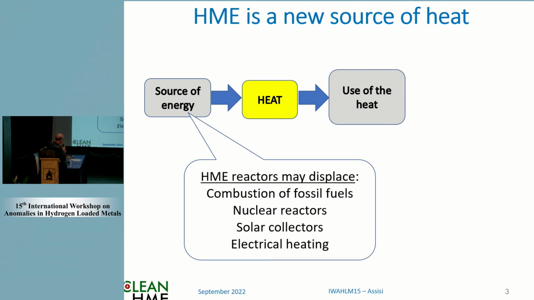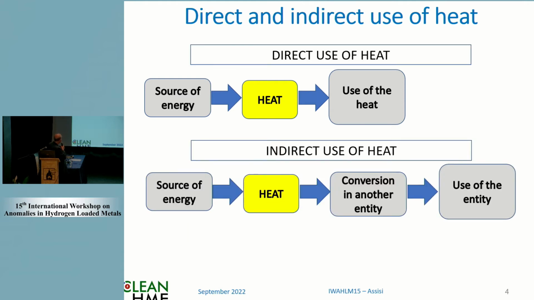for heating purposes, for example, but it may also displace heat used indirectly, because at times the heat is converted into something else, and you use something else, not directly the heat. When you drive the car, you don't care about the heat in the cylinder of your engine, provided the car goes ahead. This is an indirect use.